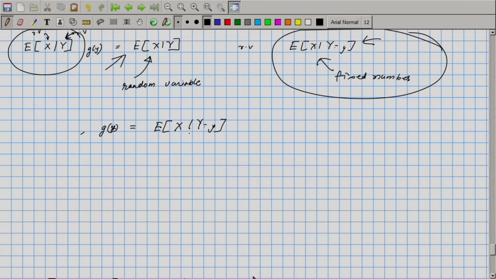Let us describe certain properties of conditional expectation with respect to usual expectation.